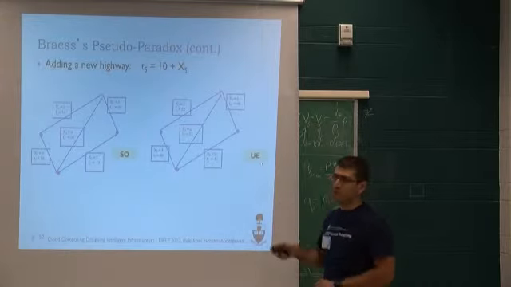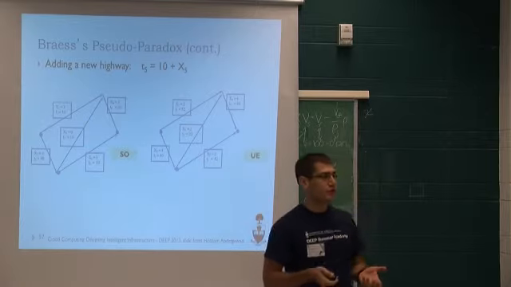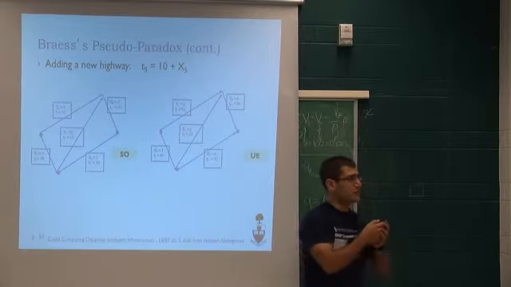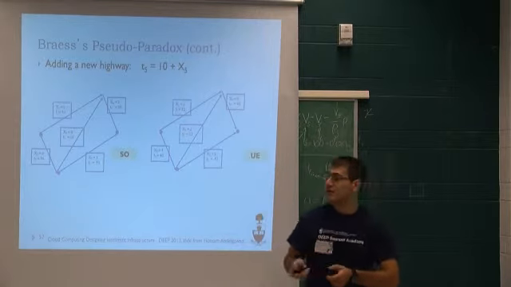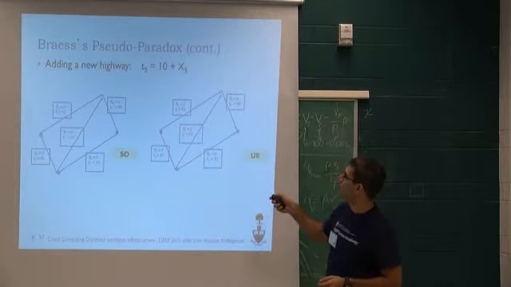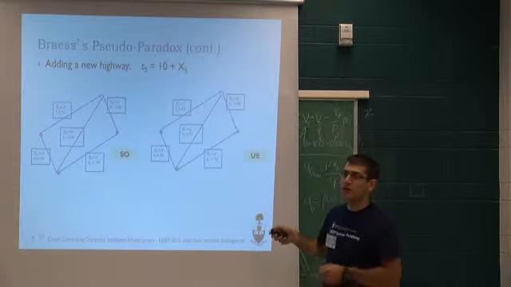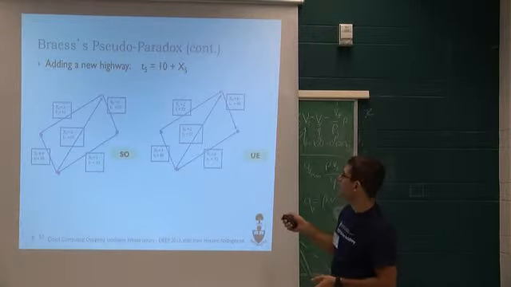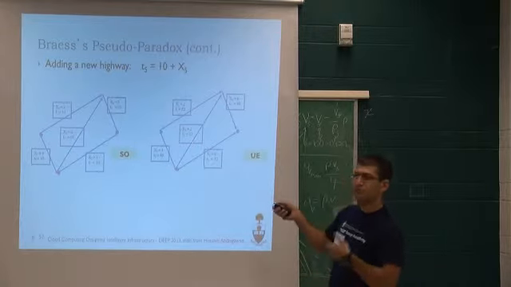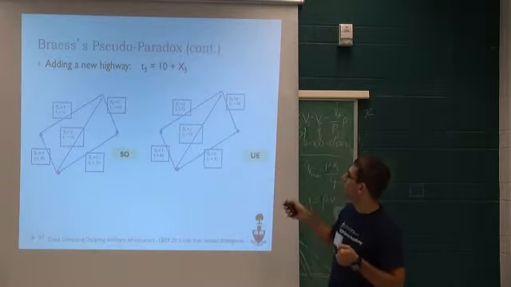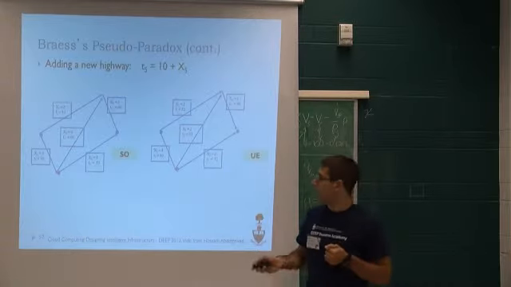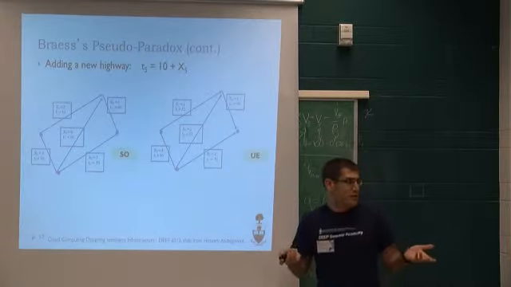However, with user equilibrium, because now we have an additional route, what user equilibrium does is it makes the travel times of all of those routes equal, right? So if a person is here, they'll be like, oh, this road is empty. Why don't I take that one? So some people switch, and you end up with basically 1/3 of the vehicles, so 2 in this case, on that route and 2 on the other routes. Okay? Now, this makes sense, right?